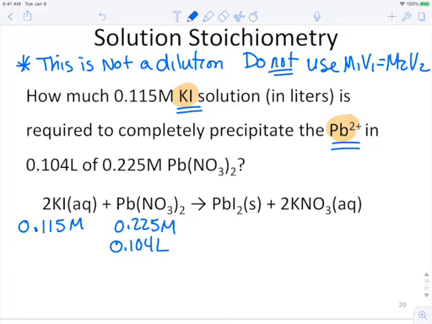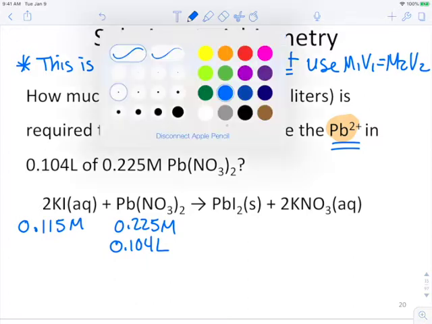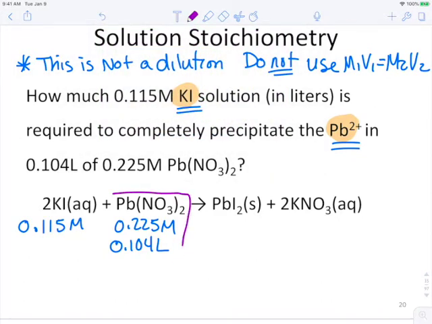The way I figure out where to start is I always start with a chemical we know more about. So I have more information over here, so I will be starting with the lead nitrate. So always start with a chemical you know more about. And then between molarity and liters, which one of these two numbers do you think we should start with? Liters, because molarity is a conversion factor, right?